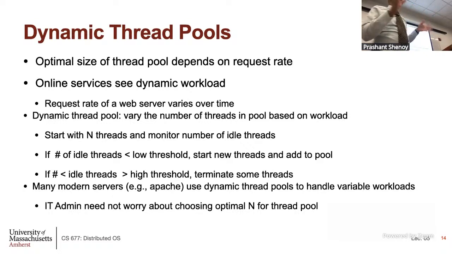So now you no longer have to guess the right n. N will be decided at runtime based on the load the server sees. The server is itself adjusting the size of the thread pool based on the load. Any modern server will at least do this, because you don't know what the thread pool is or should be ahead of time. That clear?